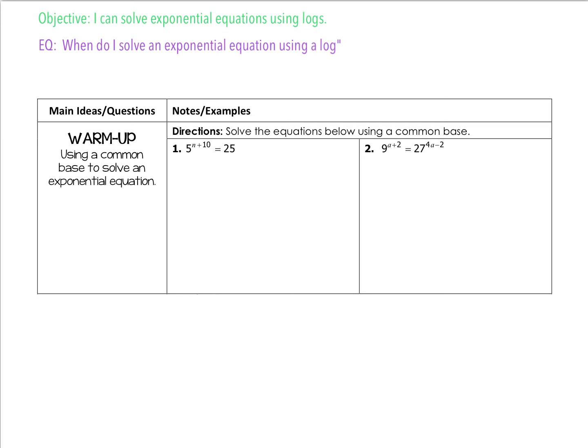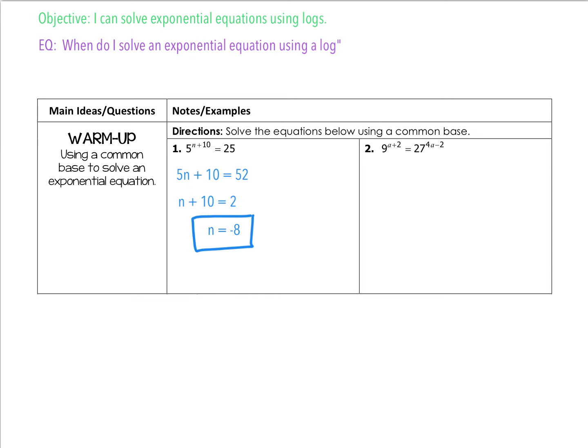So I'm going to rewrite 25 with a base of 5. That gives me 5 to the n plus 10 equals 5 squared. Now that I have a common base, I can just set the exponents equal to each other. I get n plus 10 equals 2, and then I solve for n, and I get n equals negative 8. Now remember, my variable can be negative, but my log can never be negative.